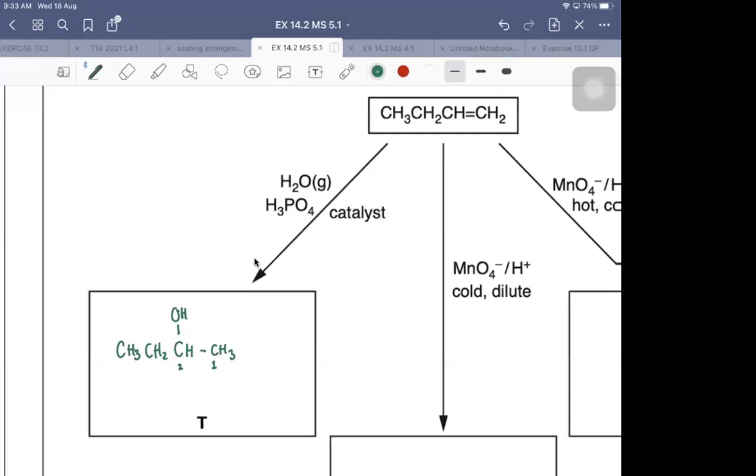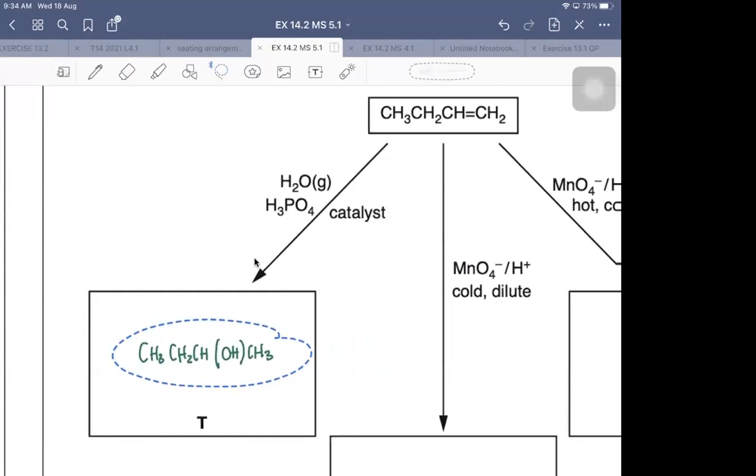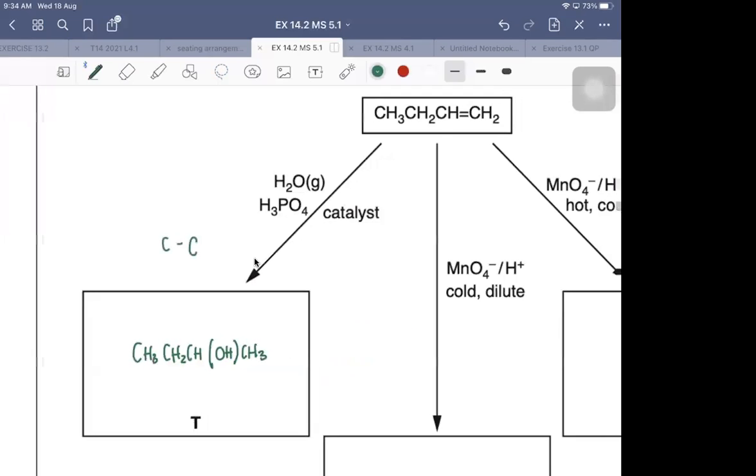Okay, so the structural formula is actually CH3CH2CH(OH)CH3, because the hydroxy group is a side chain. 1, 2, 3, 4. This is the more stable structure.